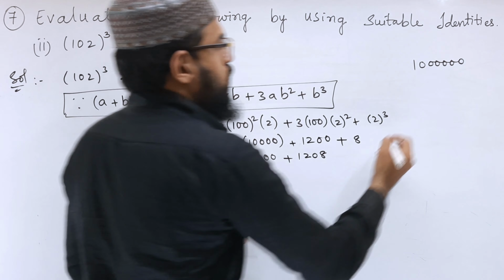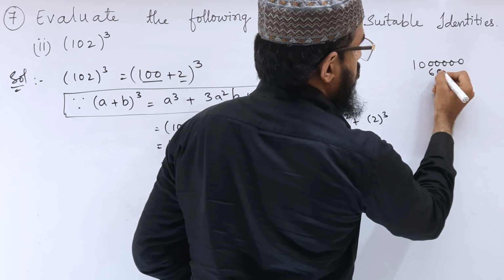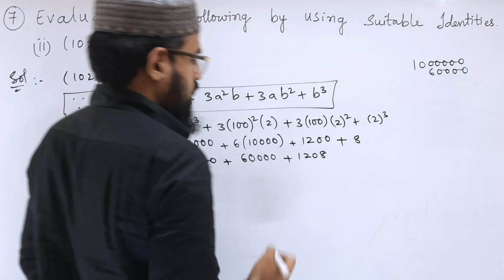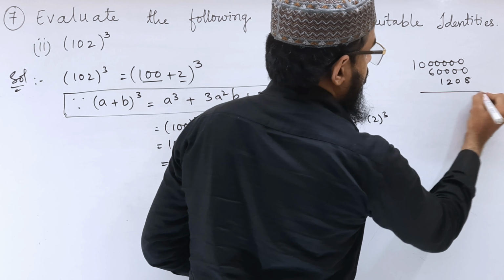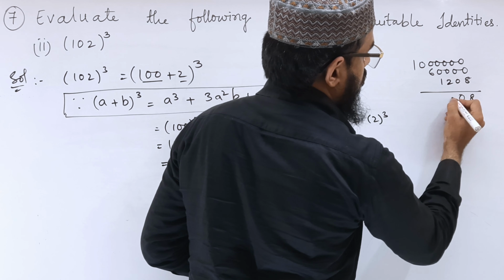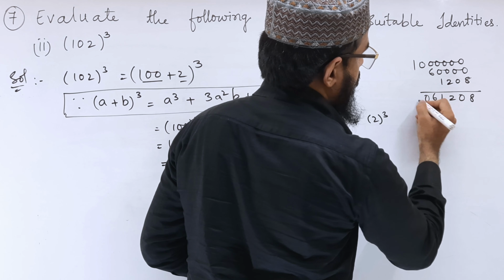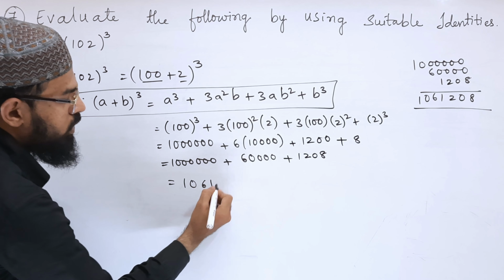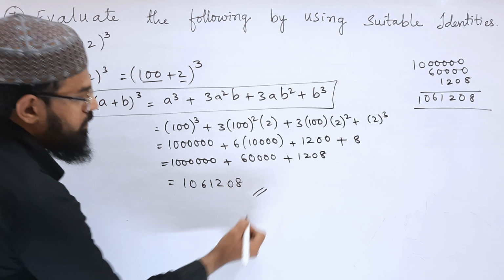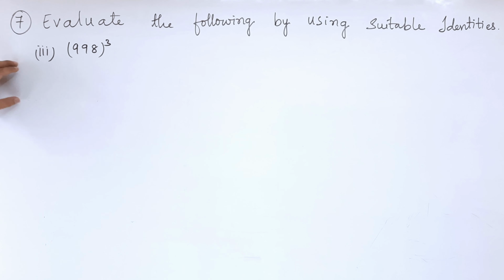Next, 4 zeros are there, so 6, 1, 2, 3, 4. 1208. Add this: 8, 0, 2, 1, 6, 0, 1. So this is our final answer, 1,061,208.